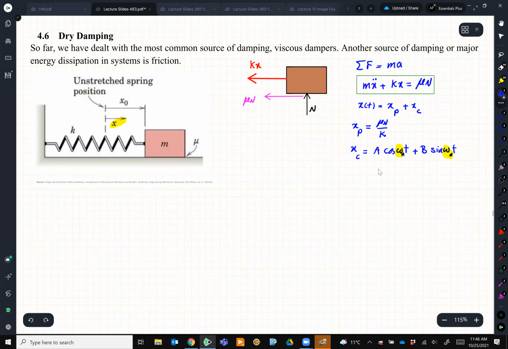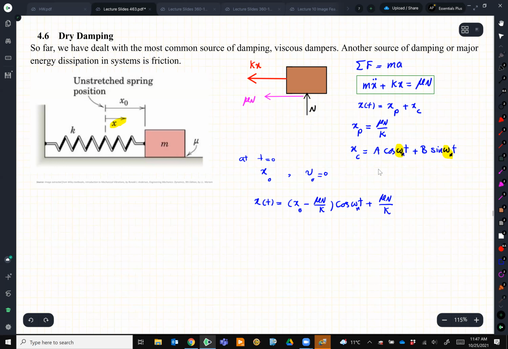A and B, they are what we need from the initial condition. Let's say, just for the sake of discussion, we have the initial condition of x at t equal to 0 being x0, and let's say v0 is equal to 0, just for simplicity. I don't want a long equation. So it gives me x(t) equal to x0 minus mu n divided by k, times cosine omega nt, plus mu n divided by k.